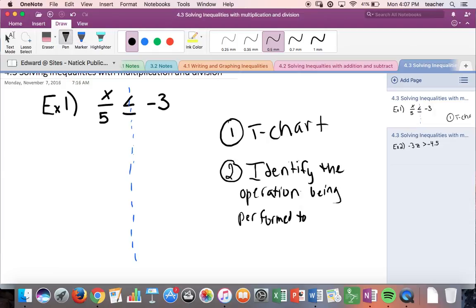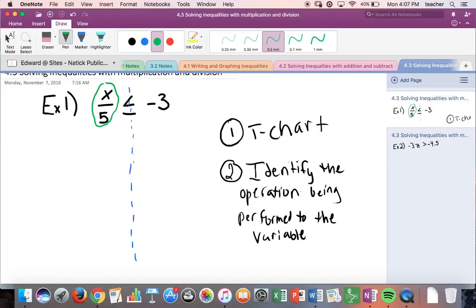Now we can look at this variable here, and I'm going to circle it in green. We can ask ourselves this super important question: what operation is being performed to this variable? And hopefully we notice that this variable is being divided by 5.